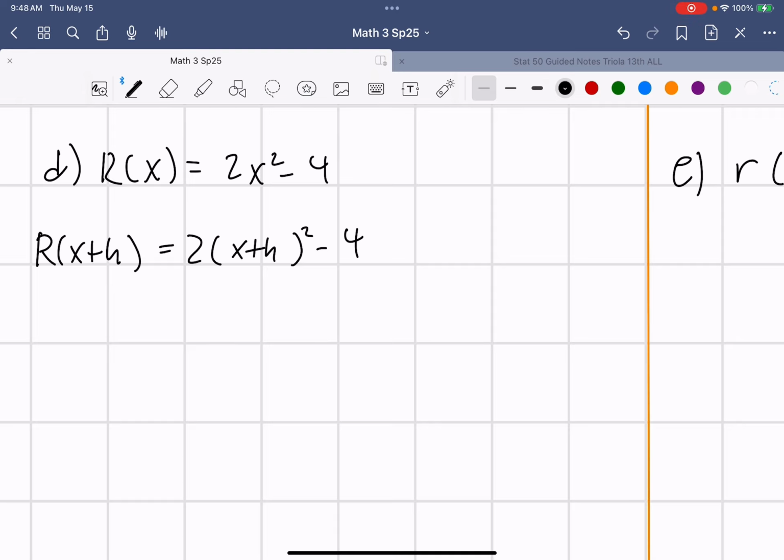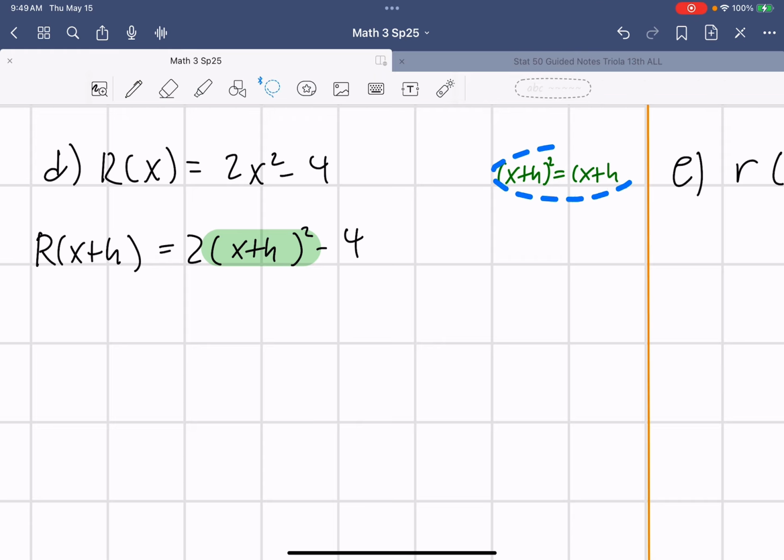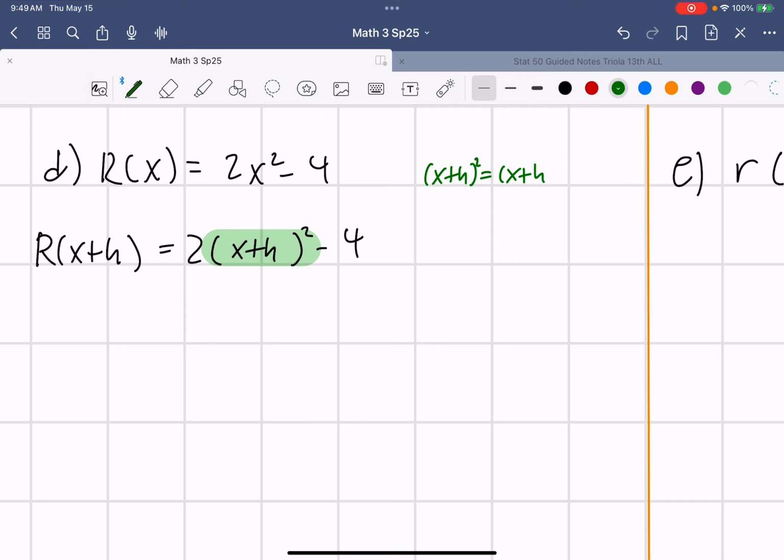But remember, this x plus h squared means x plus h times x plus h.